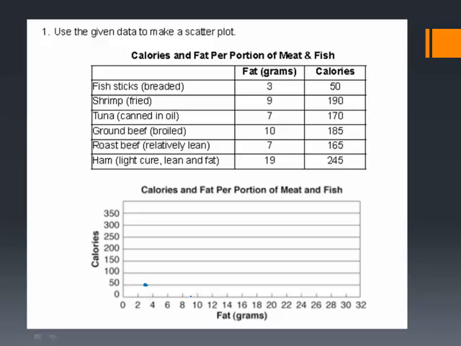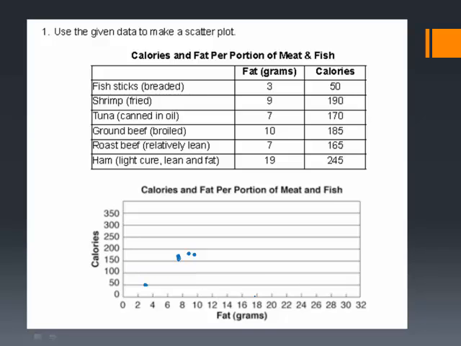9 is halfway between 8 and 10, and the shrimp have 9 fat grams and 190 calories. Now, I have 150 and 200. So 190 is going to be just under the 200 line. 7, which is halfway between 6 and 8, is 170, which will be a little lower than 190. 10 is 185, which will be almost even to 190. 7 again is 165, which is pretty much right on top of the 170.